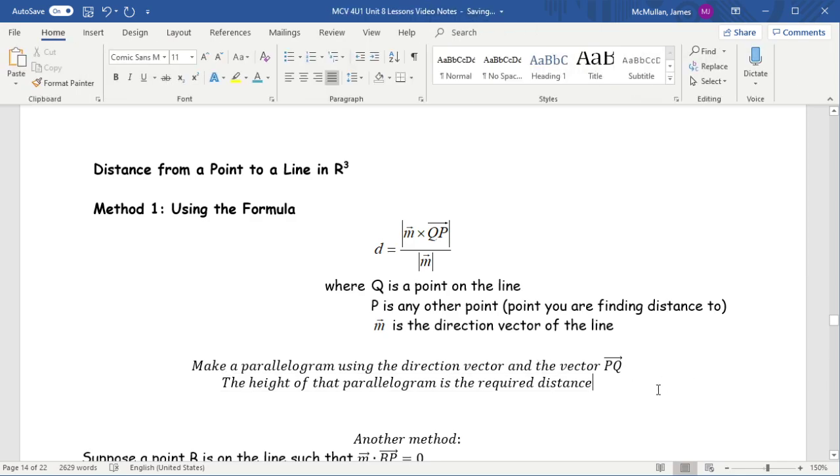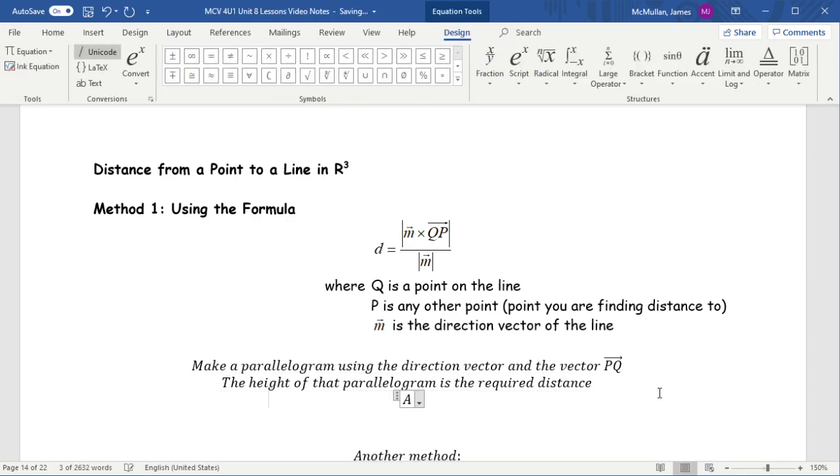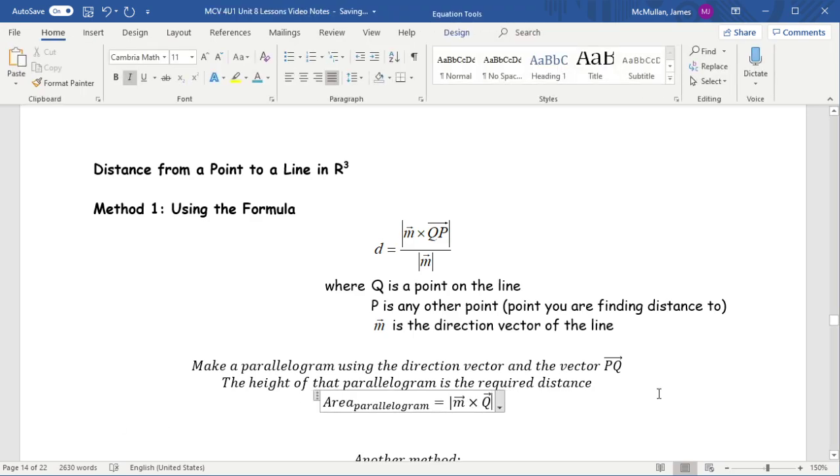And we know that the area is equal to the magnitude of the cross product, right? So m vec times q. So the magnitude of the cross product.